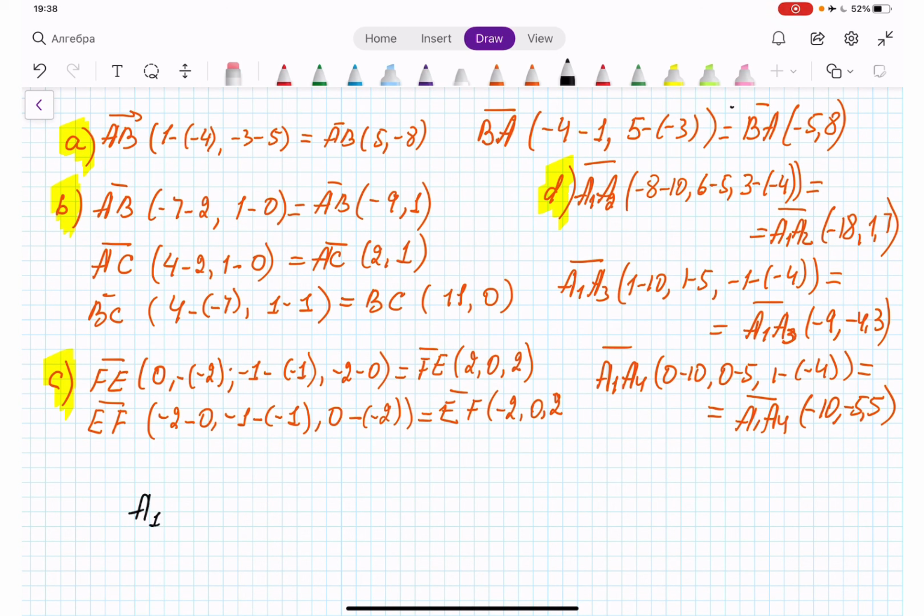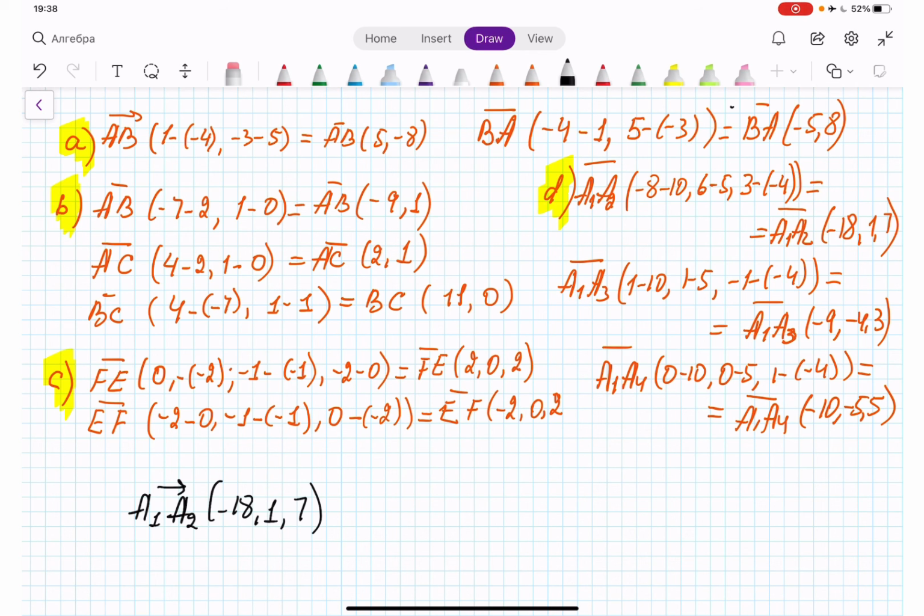Our vector A1A2 has coordinates negative 18, 1, and 7.